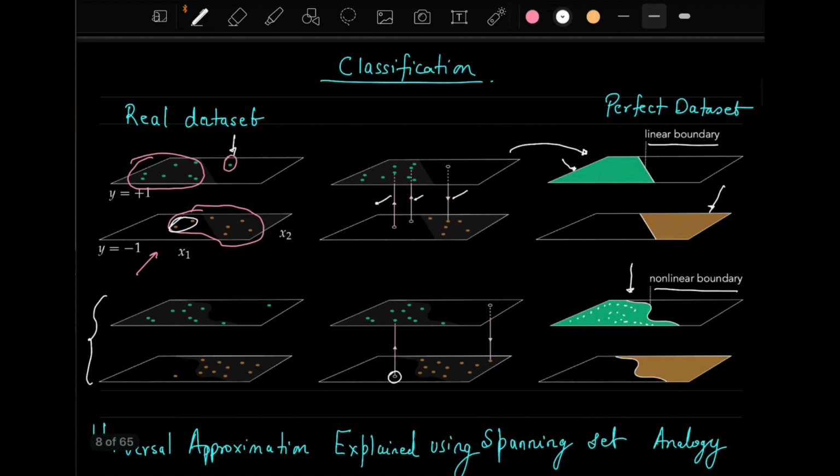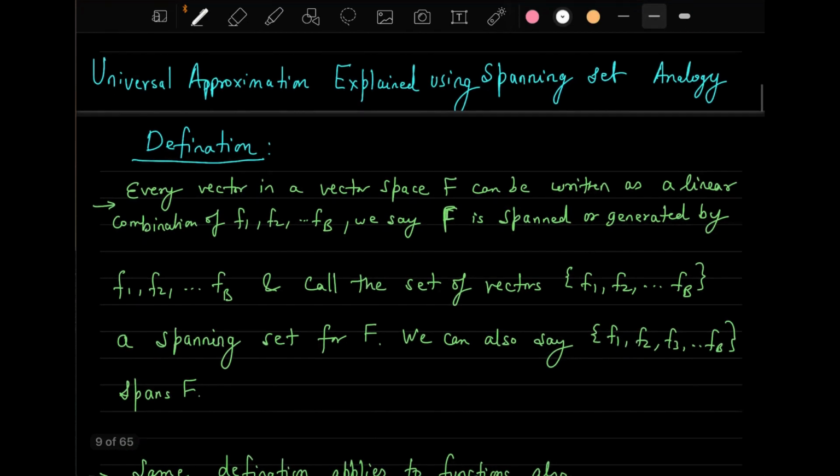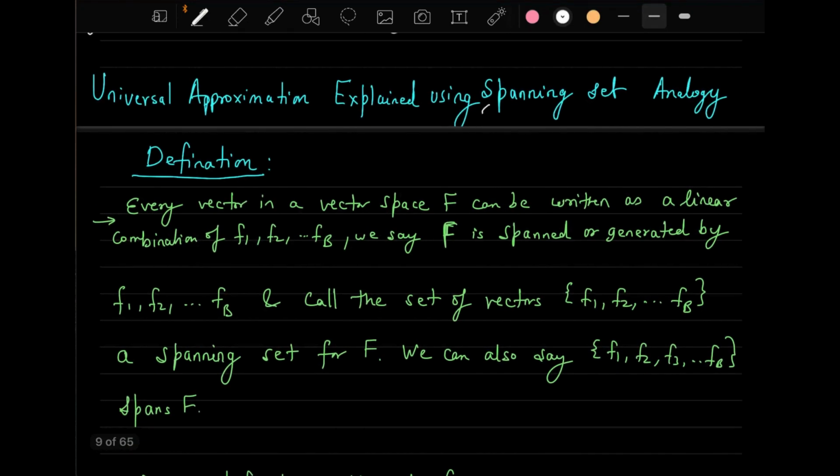Now what I am trying to discuss today is universal approximation, which we can explain using a spanning set analogy. Spanning set is a term taken from linear algebra.